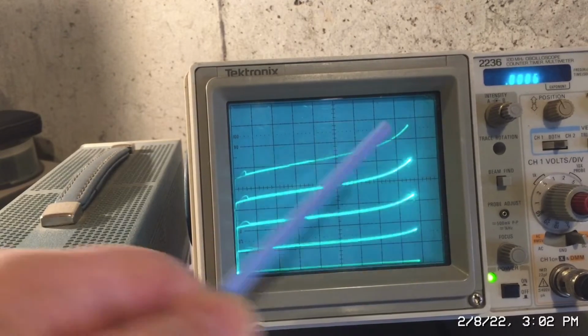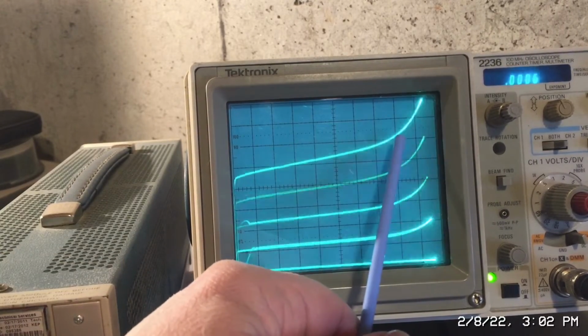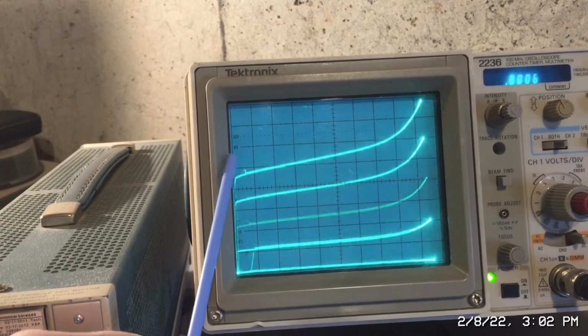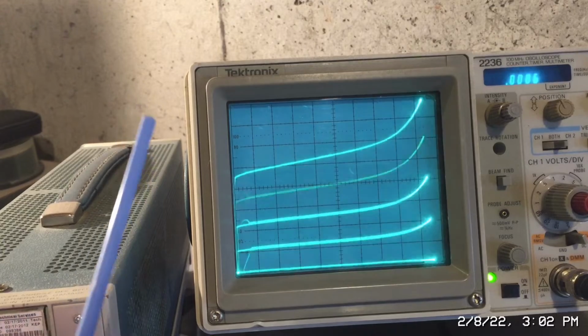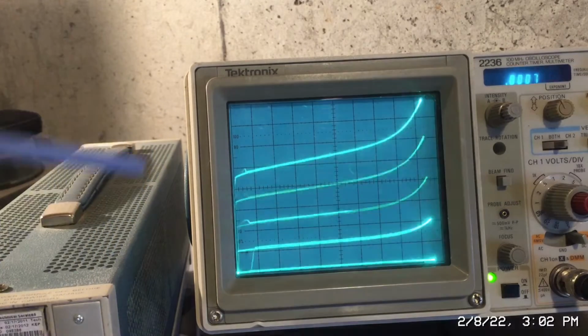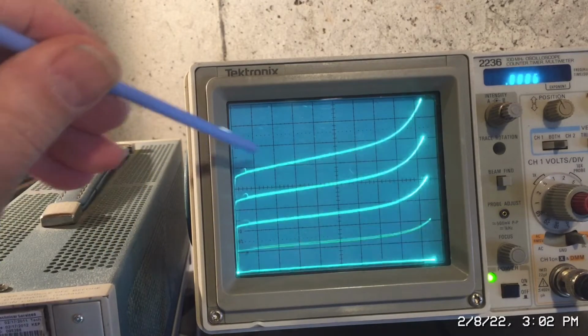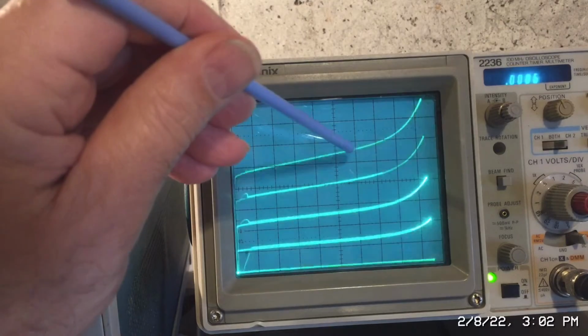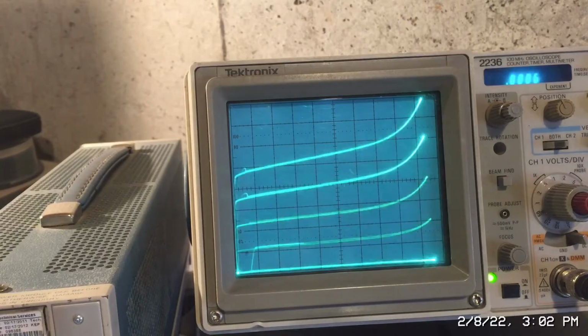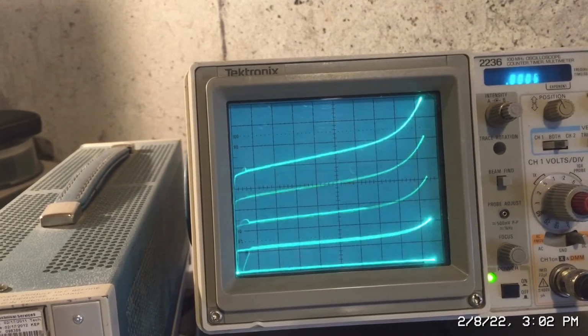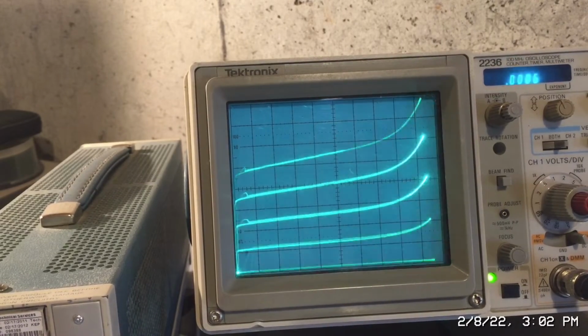Okay, and I changed the resolution, so basically now we're at 5 volts, right? This is the collector emitter voltage. So 5, 10, 15, 20, 25, 30, 35, yeah, call it 40 volts. And that's the breakdown voltage. So if we go, for example, back to the spec, okay, let's swing this over.